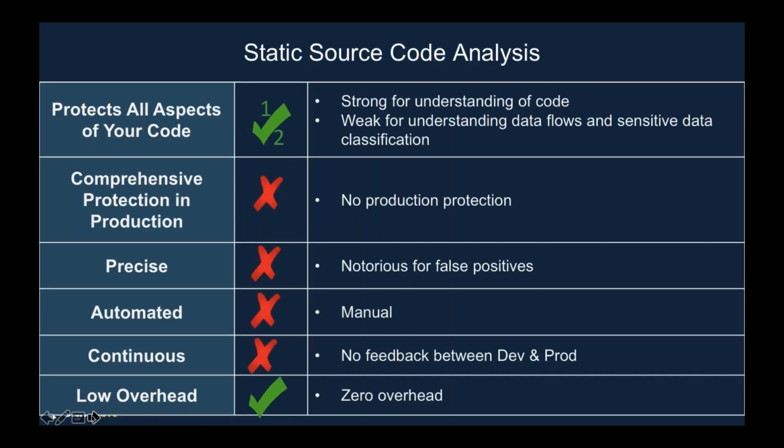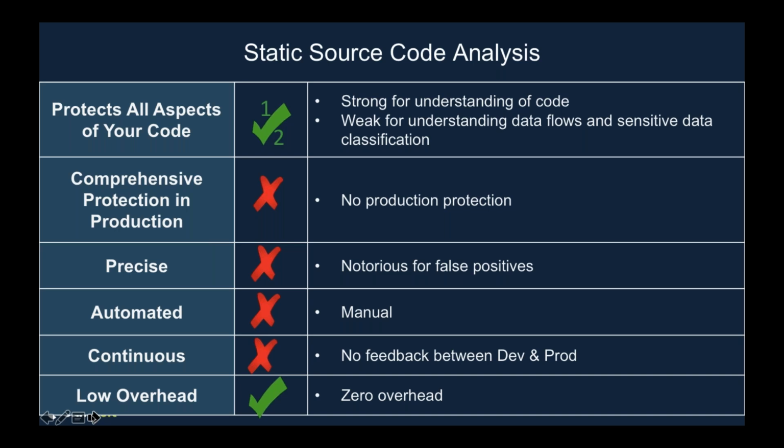So let's look at static source code analysis. When it comes to protecting all aspects of code, static source code analysis is great for understanding your code, but where it is essentially weak is data flows. And data flow is the holy grail of all security analysis. Most interesting injection problems could be revealed only with a strong data flow engine.